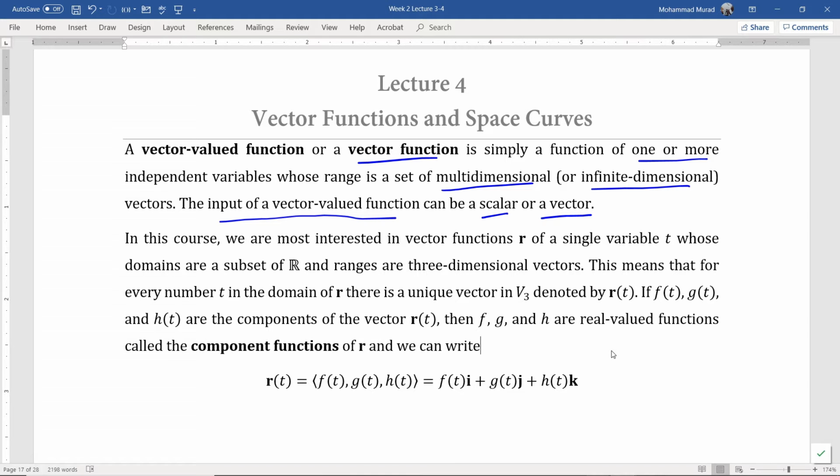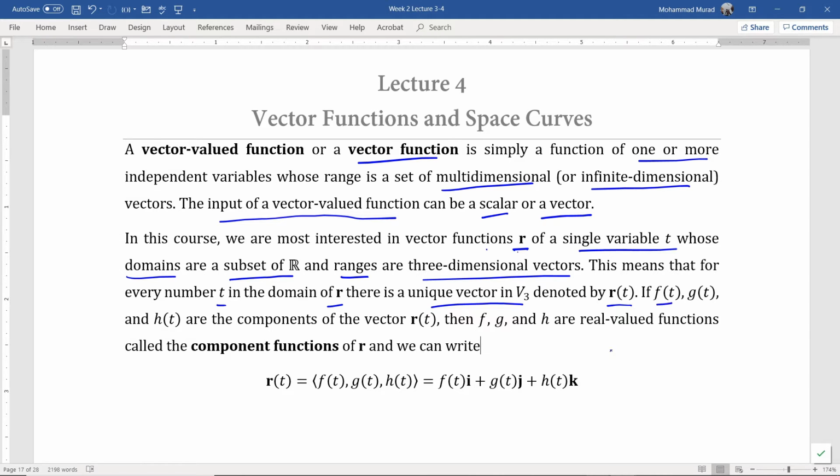In this course, we are most interested in vector functions R of a single variable t, whose domains are subsets of R, the set of real numbers, and whose ranges are three-dimensional vectors. This means that for every number t in the domain of R, there is a unique vector in V3, denoted by R of t.